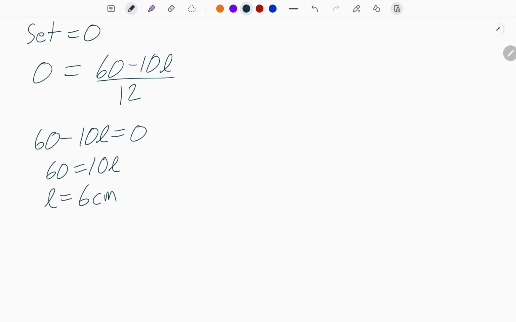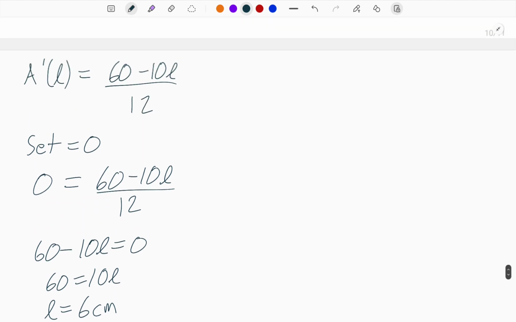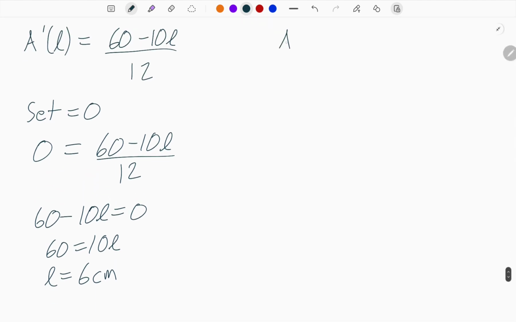Let's just confirm that that is actually a maximum. So let's just do a quick little second derivative test. So A double prime of L, well, that's just going to be 60. No, sorry, not 60. You just have 60 minus 10L. Again, the division by 12 doesn't matter. Just like a coefficient, a constant in front.